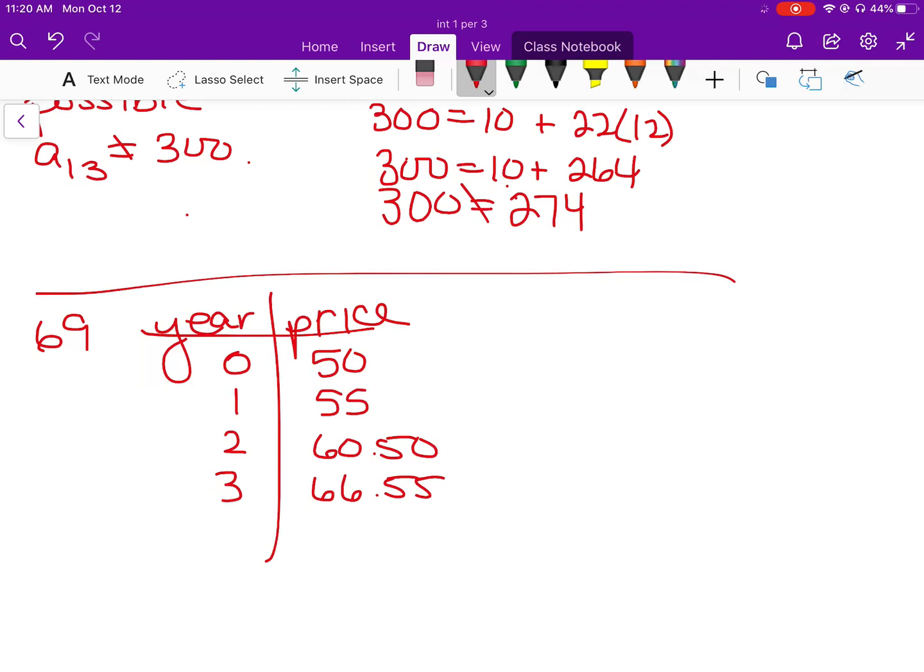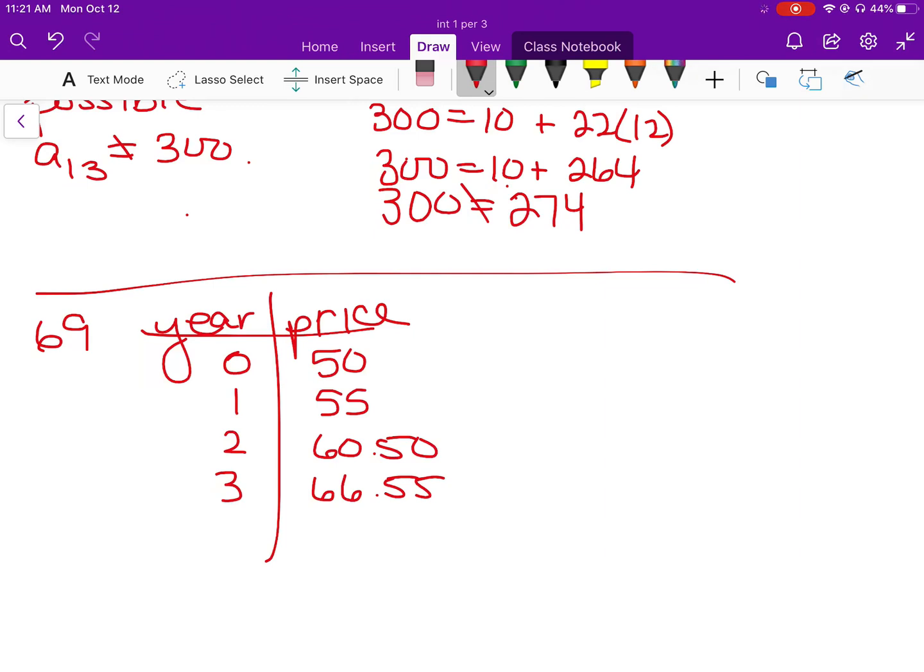So I'm going to tell you right now, it's a sequence. What kind? Is it arithmetic or geometric? Geometric, yeah. Because is it adding the same number every time?